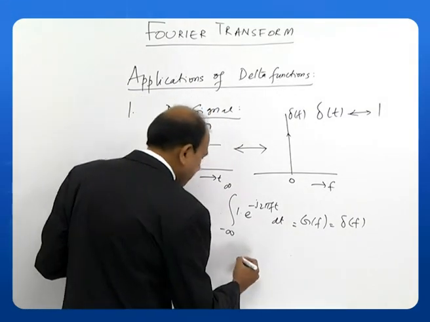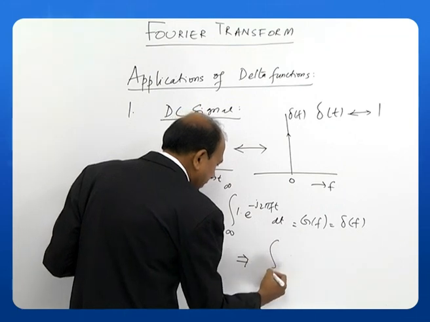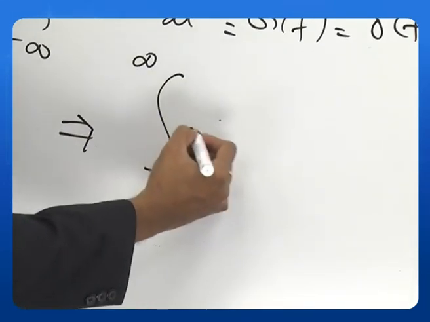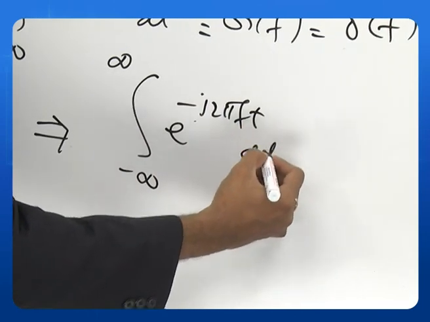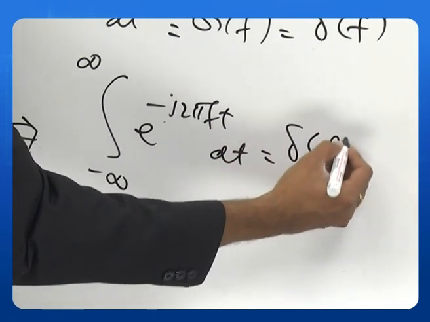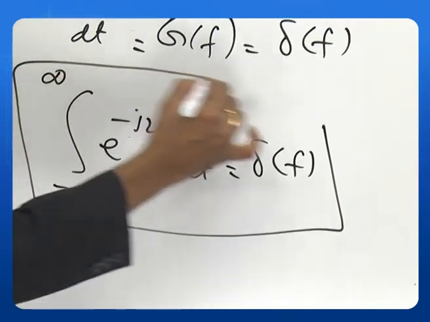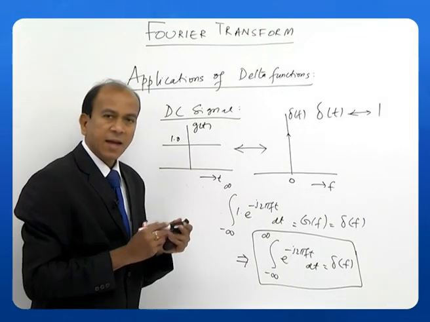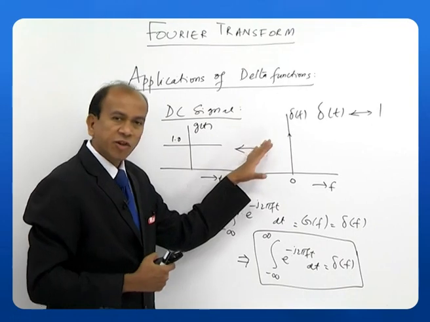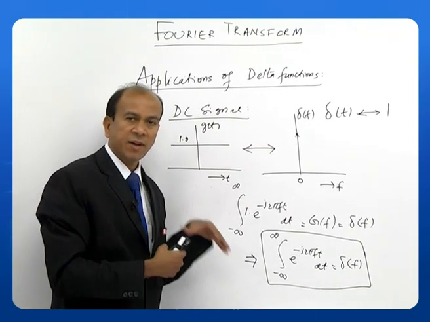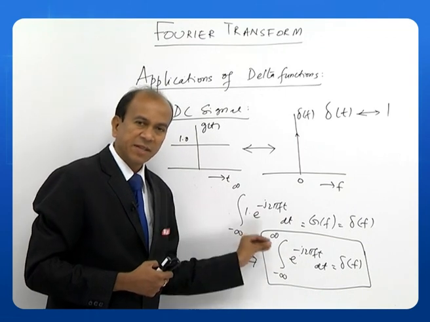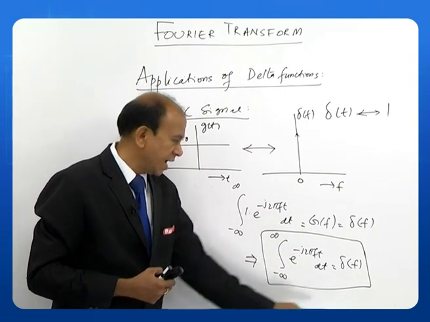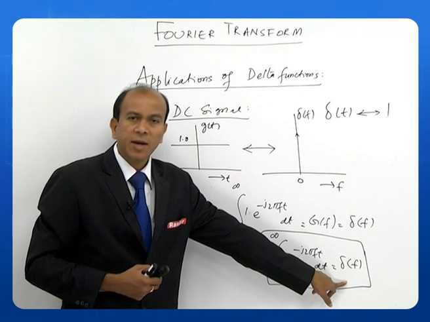That means the integral from minus infinity to plus infinity of e to the power of minus j2 pi f t dt will have a Fourier transform which is equal to delta f. This is a very important deduction we have made from this. So, whenever the integral of e to the power of minus j2 pi f t dt is taken from minus infinity to plus infinity, it will give me a function which is equal to delta of f.